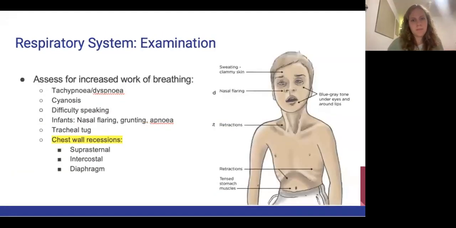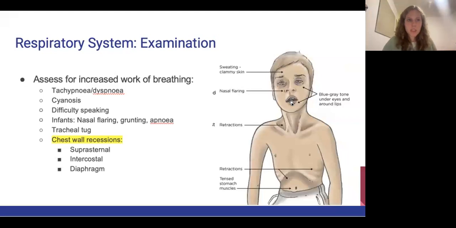So in children, sometimes they can't tell you how unwell they are, and it's really important to look to see how bad their breathing is. Signs that they're really struggling are things like grunting, apnea, so when they stop breathing, nasal flaring, tripoding, which is when they sit with their arms on a chair or something to get more air.